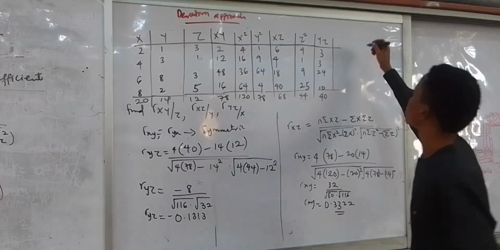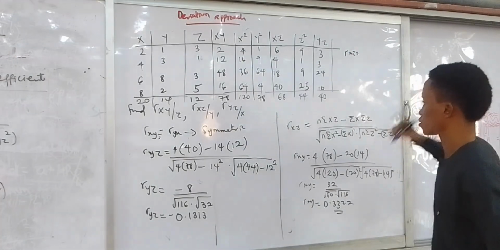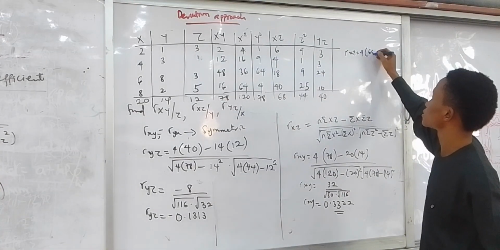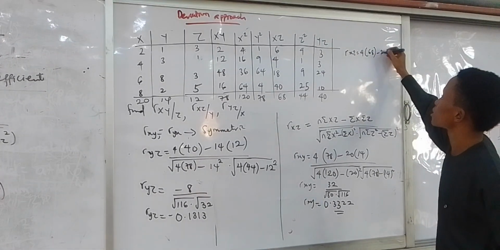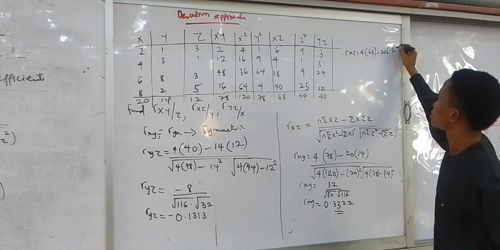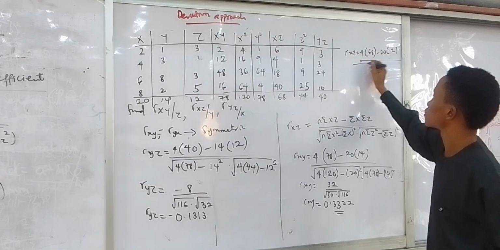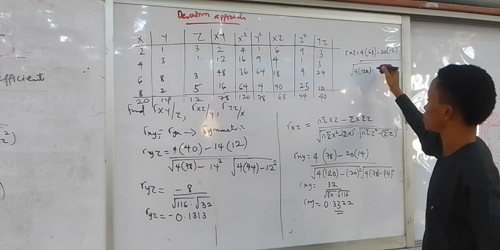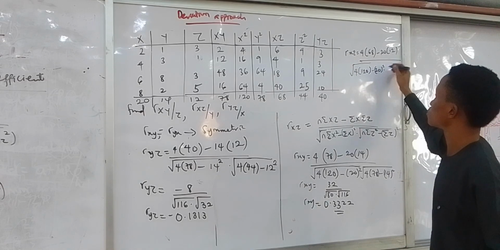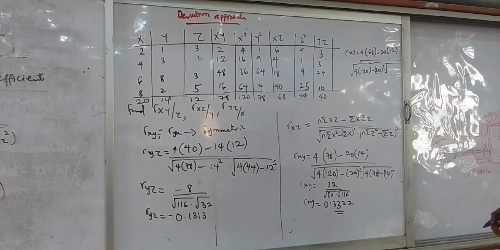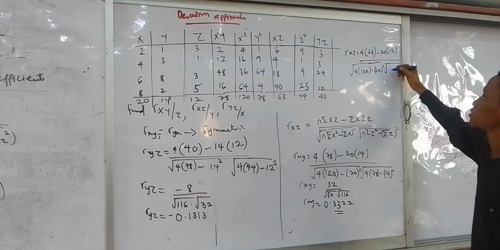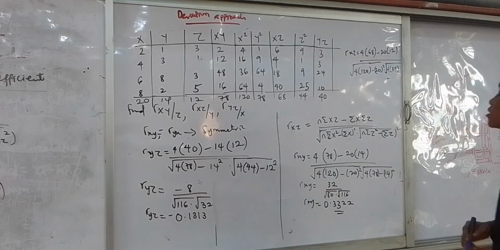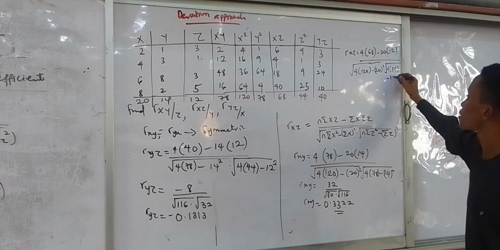Let me place it there. rxz will be equal to n summation, that will be 4 into brackets summation xz, 68, minus summation x, that's 20, into brackets summation z, that's 12, over square root of 4 into brackets summation x raised to power 2, that's 120, minus summation x, 20, raised to power 2, multiplied by square root of 4 into bracket z raised to power 2, that's 44, minus summation z, 12, all raised to power 2.